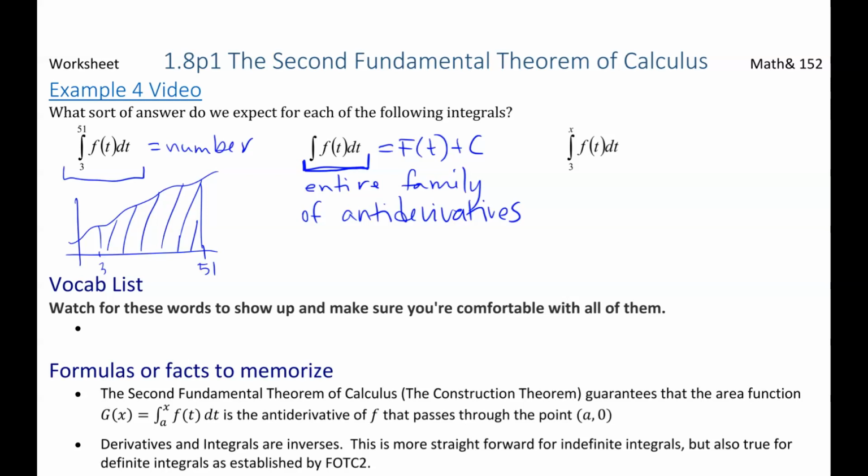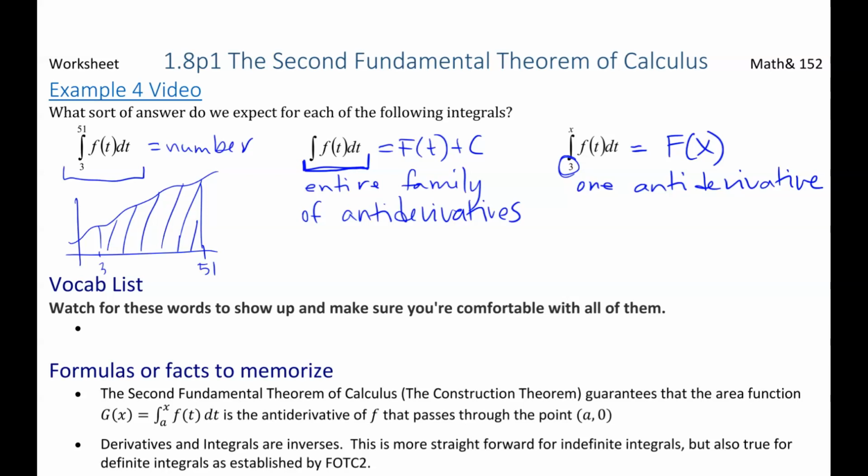Okay, and last but not least, this one that looks like we're getting a definite integral but has that extra variable. This one will give us a function, a single function, so it gives us one antiderivative. And it's a very specific one, and this lower limit of integration determines basically which plus c is involved in this one, right?